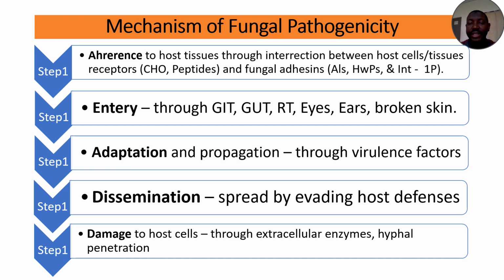The fungi exert damage to the tissues through enzyme secretion, hyphal penetration. Some of the tissues that are commonly damaged by fungi include the meninges, membranes of the brain and spinal cord, the lungs, the skin, vagina, oral cavity, blood, etc.